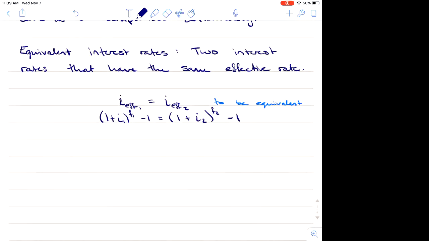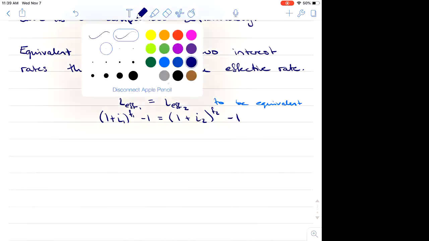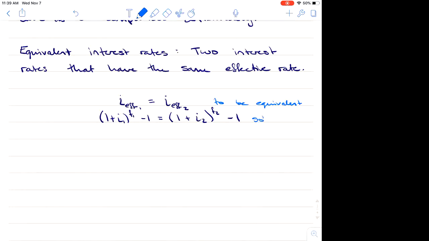On our formula sheet, we've got this formula in terms of i2, so let's just solve for i2. We could have solved for i1, it doesn't matter. So it becomes a matter of moving things over, trying to shake out that i2 and have it on its own.